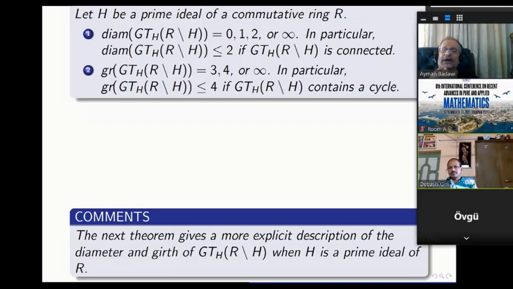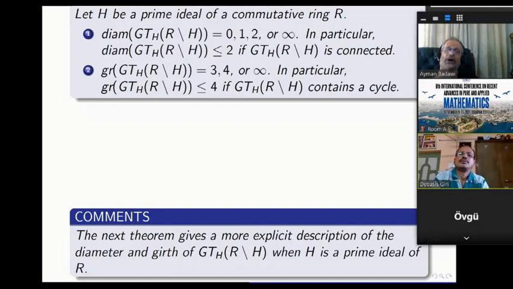Anyway, so the diameter of the same graph, which graph? I'm taking the set of all vertices R, take away H, and remember H is a prime ideal. The diameter has to be either 0, well, that means I only have one vertex, or 1. Well, if the diameter is 1, that means you have a complete graph, or 2, or infinity. Wow, kind of interesting, isn't it?